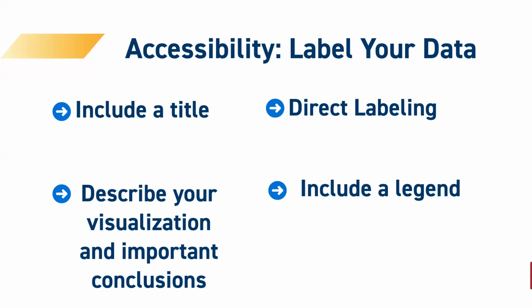Direct labeling refers to putting a text element right next to a graphic element. So think of a little number right next to the wedge of a pie graph. And then a legend is also important. It doesn't do any good to have a beautiful chart or bar graph if nobody knows what it means.